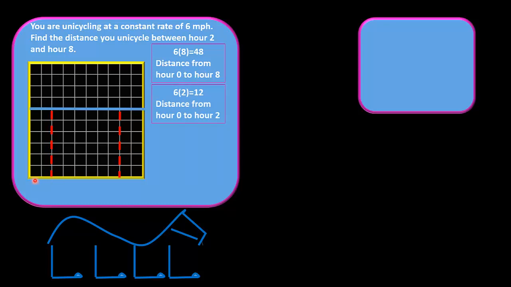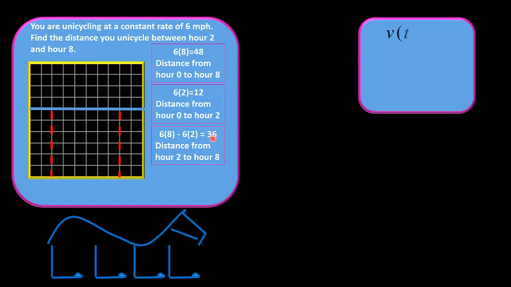The first 2 hours we're going 6 times 2, and we get 12. This is kind of a roundabout way to do it, but putting these together, from hour 2 to hour 8, we went 6 times 8 minus 6 times 2, that'd be 36 miles.